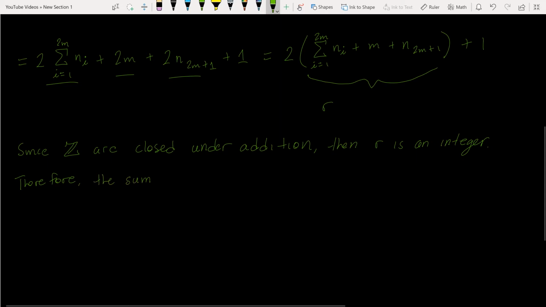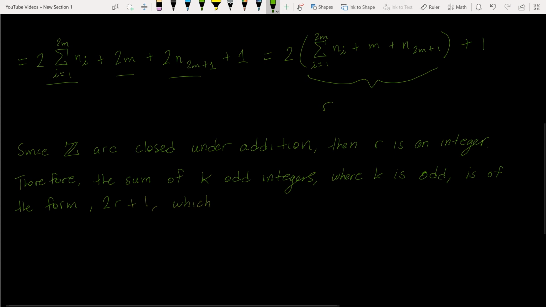And that's really good, because now we can say that therefore the sum of k odd integers where k is odd is of the form 2r plus 1, which is odd.